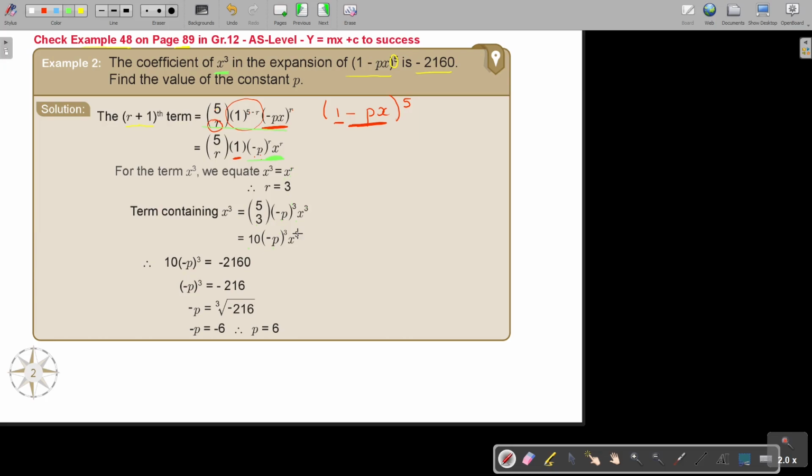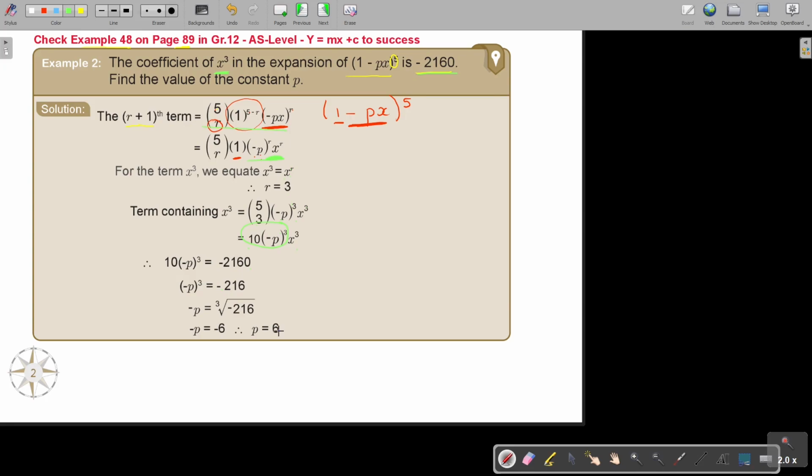Now, I'm telling you that the coefficient is equal to 2160. So I say that 10 times negative p cubed equals negative 2160, then I divide by 10, and the negatives can actually just cancel out. Otherwise, just take the cube root of this, and I basically get negative 6, but the value of p will be 6.